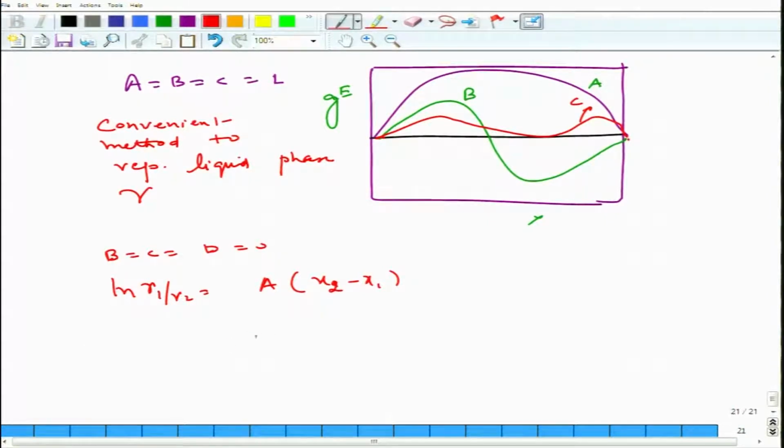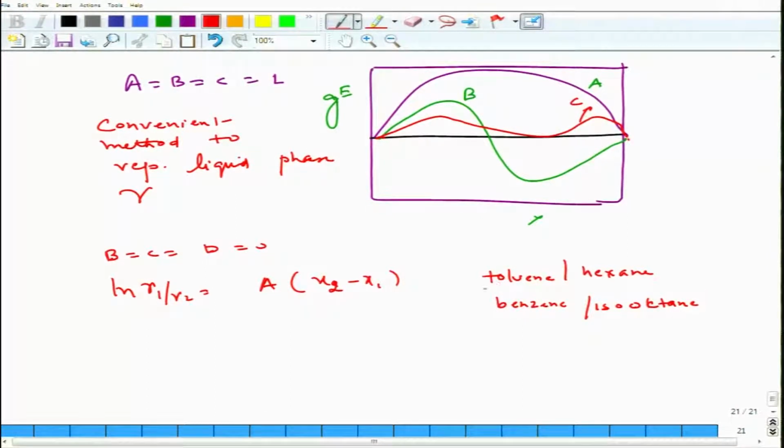So, for a simple system where you have similar size, the way we used the one-constant Margules equation, you can also use it for similar systems such as toluene, hexane, benzene, isooctane.